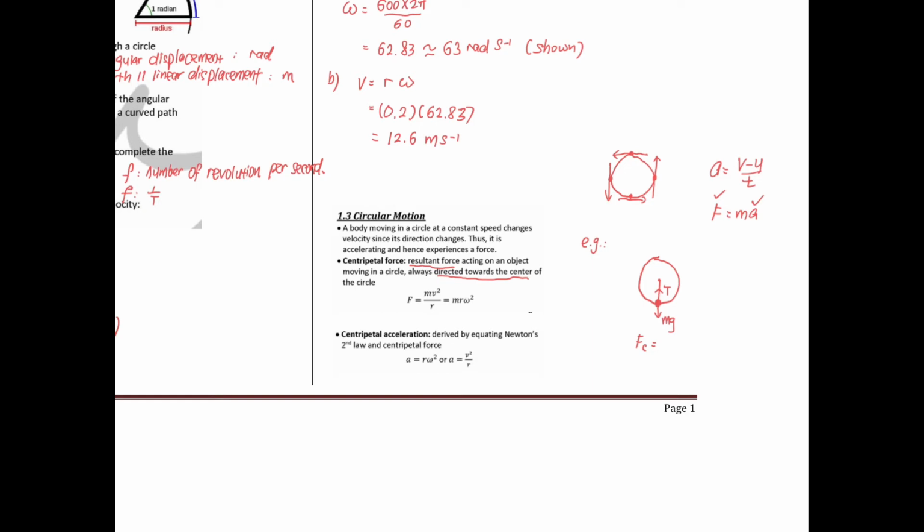To count the resultant force, you have to take the fact that it is always directed towards the center. So we take towards the center as the positive direction. So T is positive, and hence mg is negative. The resultant force is obtained by T minus mg. That resultant force is the centripetal force.